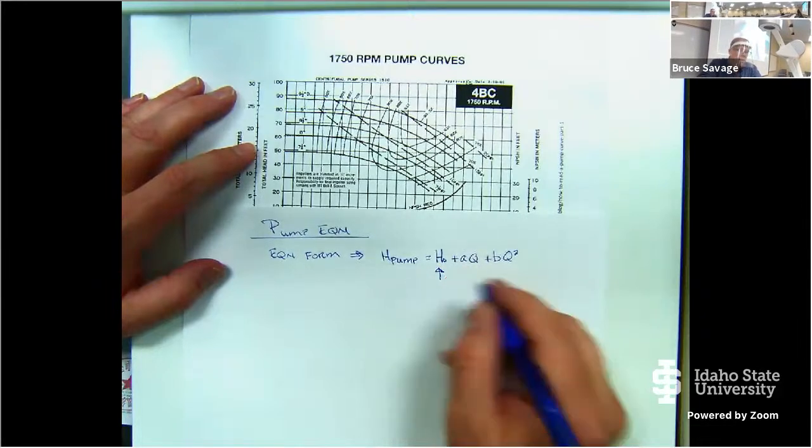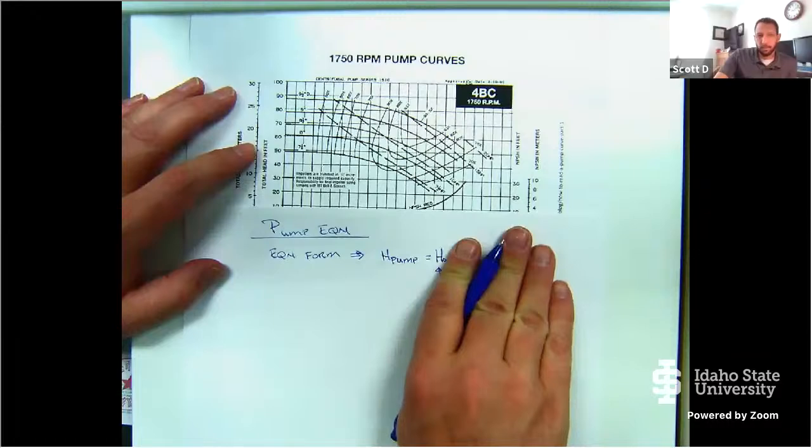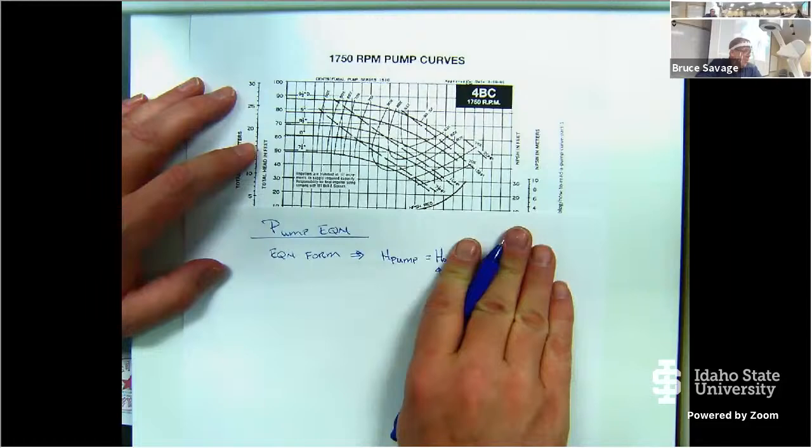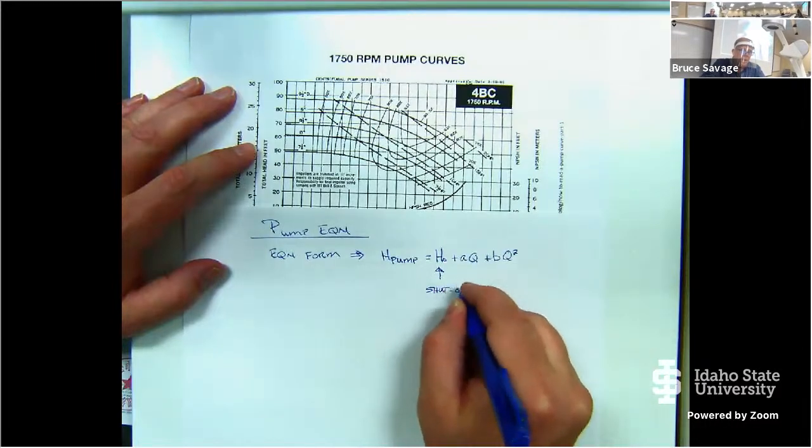When there's no flow, so if Q goes to 0, the amount of head that the pump adds is the y-intercept. It is the y-intercept, and there's a special name we gave for it. When the pump is shut from allowing any flow, when the valve is shut, so the pump can't provide any flow, but it's on, that gives us the shutoff head.